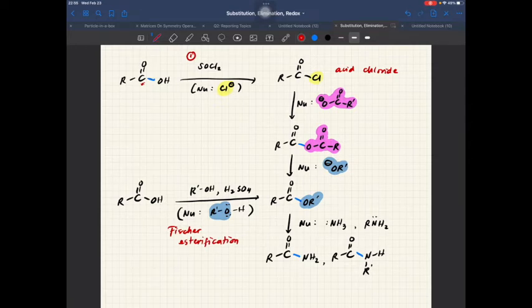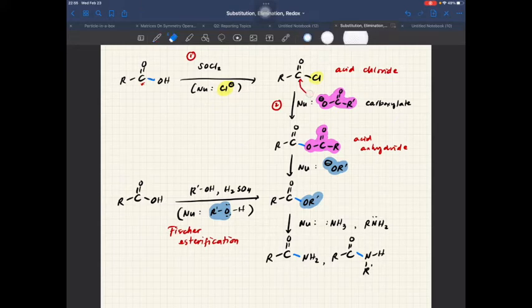The second type of reaction, reaction number 2, is the formation of acid anhydride from acid chloride. This is a functional group called acid anhydride. In this reaction, we have the reaction of this carboxylate nucleophile. This is our nucleophile, which is what we call a carboxylate nucleophile, and it will attach itself here.